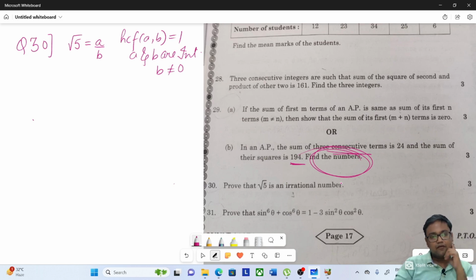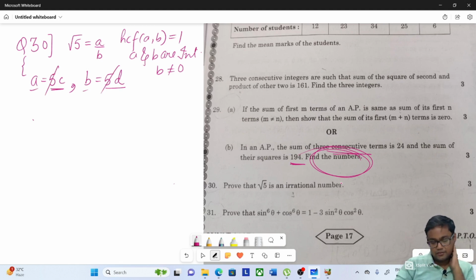But after some time, children, you will see that you will get a as 5c after doing some steps and b as 5d. For example, just for the support, I am doing this question because this is a very well to do question and you must have done it quite good. तो यहाँ पे हम देखेंगे कि 5 एक और फैक्टर आ गया a और b का, which is unexpected and unwanted.